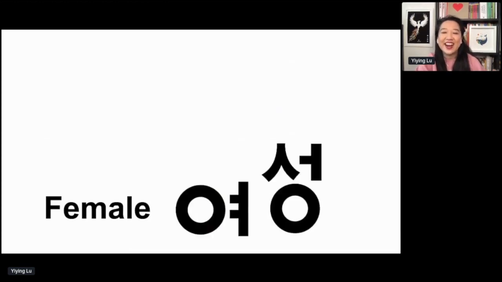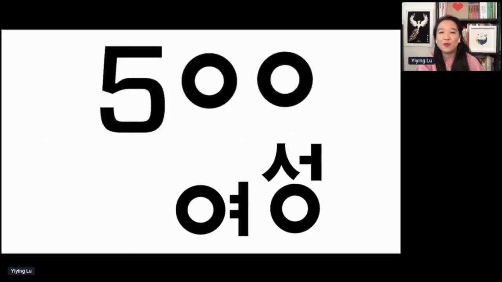So I was looking at the Korean character for female, Yeoseong. It does not have anything in common. However, I started to look at the character of 500 and Yeoseong, which in Korean means female. They have something in common: the two circles.